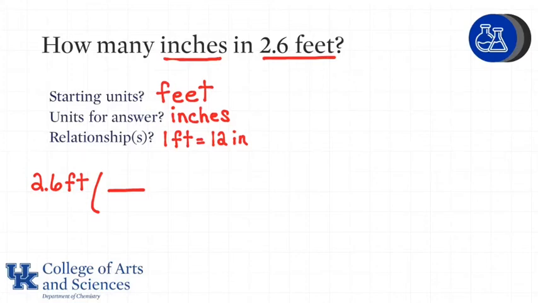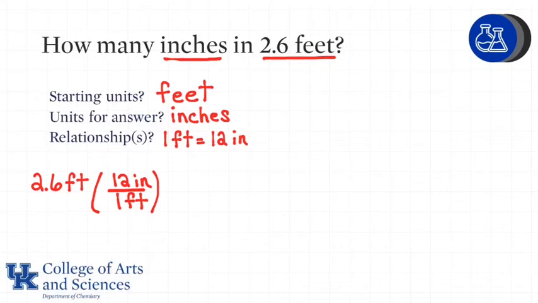So here we have feet in the numerator, and I know I want to get rid of feet because I'm trying to get inches, so feet is going to be in the denominator of the next step. So I put the feet in the denominator, and what I'll be able to see is that eventually those will cancel out with one another. And so this next step, 1 foot equals 12 inches. The relationship that's written here in the parentheses is true regardless of what value I'm starting with.